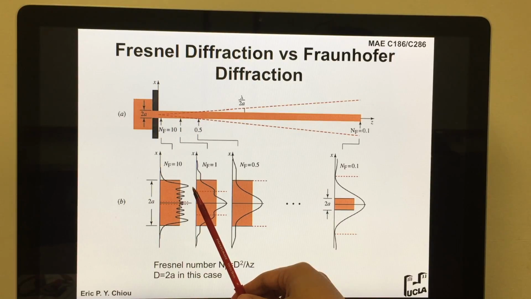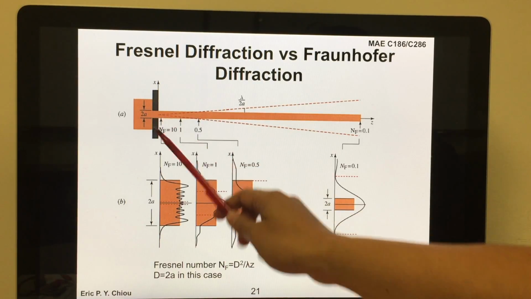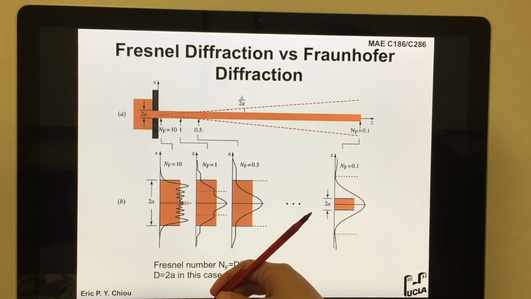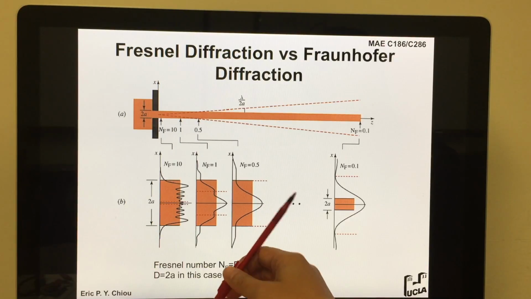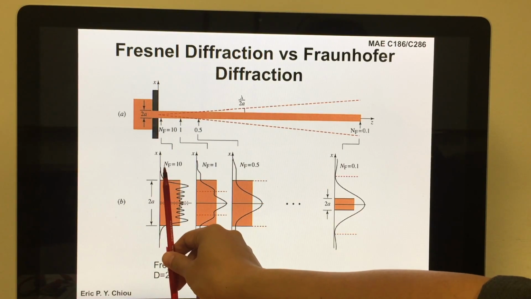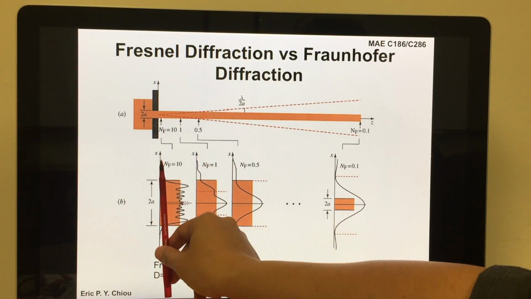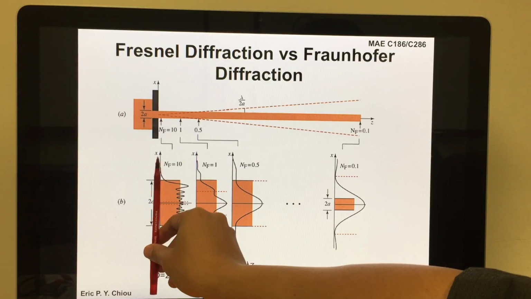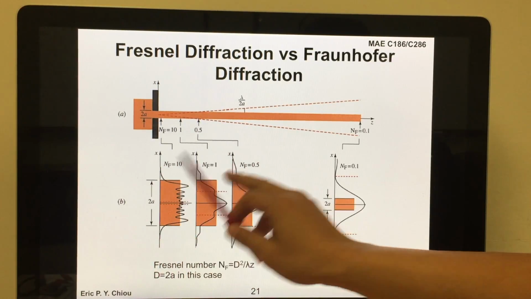We keep emphasizing that whenever you have a pattern on this aperture, you can think of it as a superposition of plane waves propagating in different directions, and they form interference to generate the pattern you have. After they leave this plane, different plane waves start to propagate in different directions.